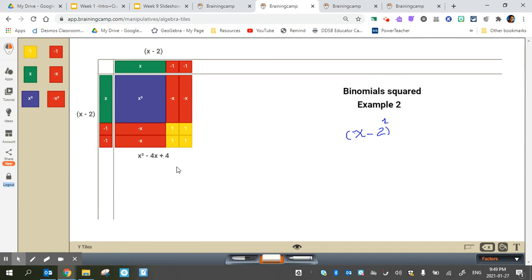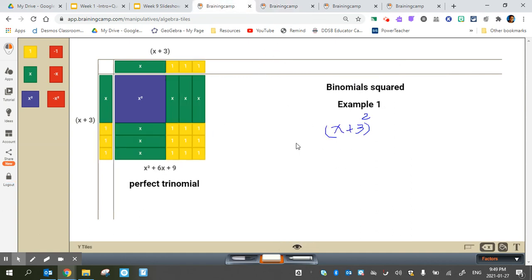Notice too that the 4, this last term that I'm going to mark in blue here, is positive because a negative times a negative is a positive number.